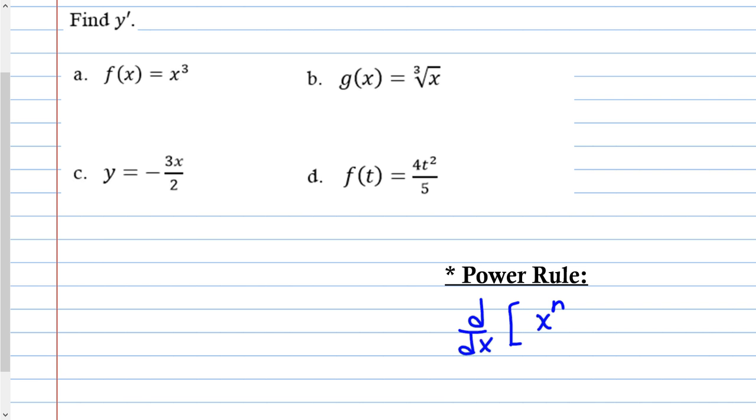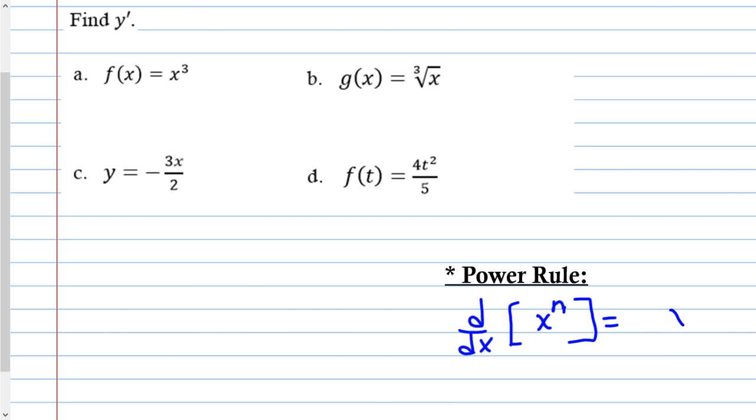So this could be x to the first power, which is just x, or x squared, or x cubed, or x to the fourth, whatever. But to not just use one exponent, I'm just going to use a generic number n.